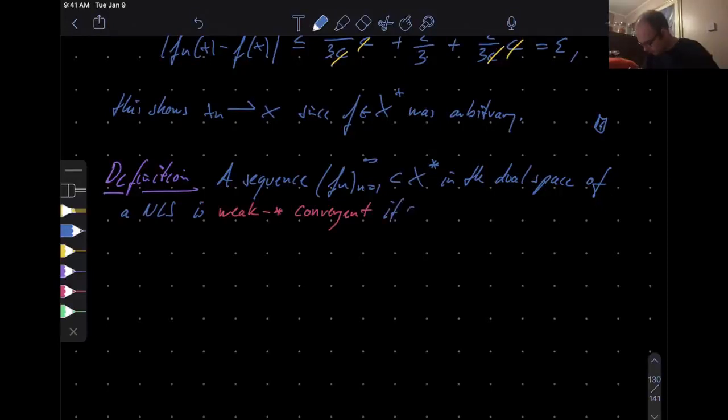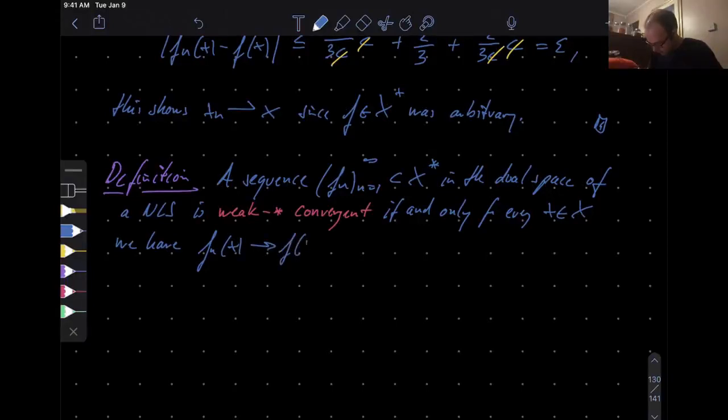if and only if, star indicating that I'm dealing here with sequences in the dual space, for every x in X we have Fn of x going to f of x as n tends to infinity.